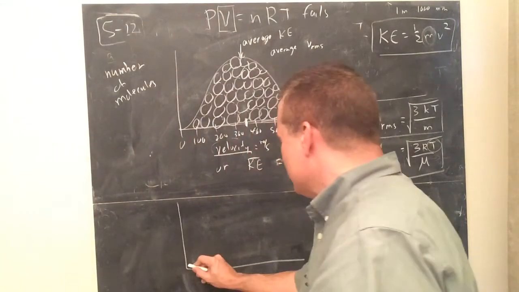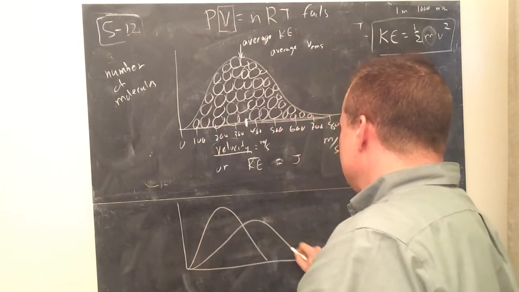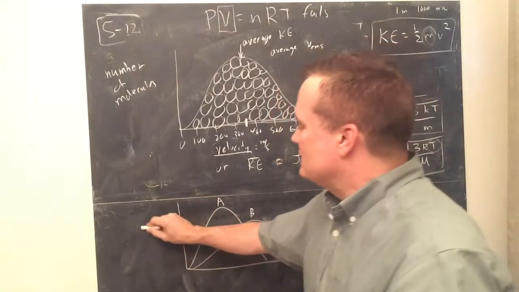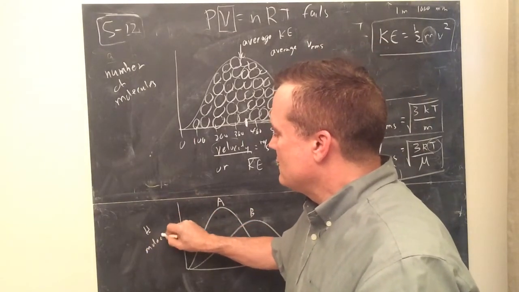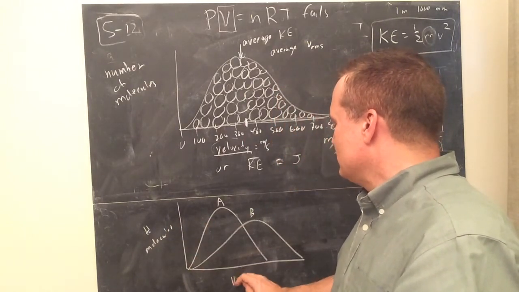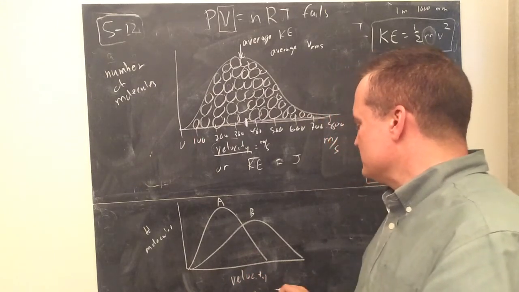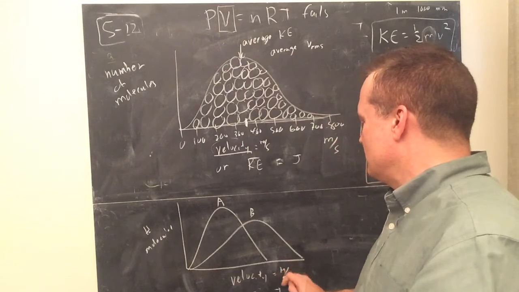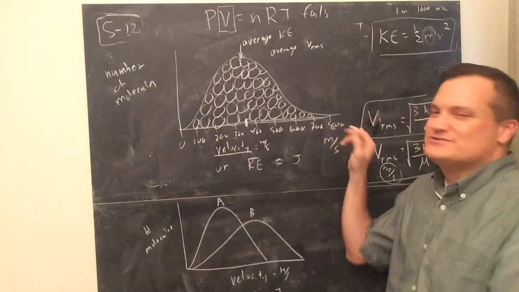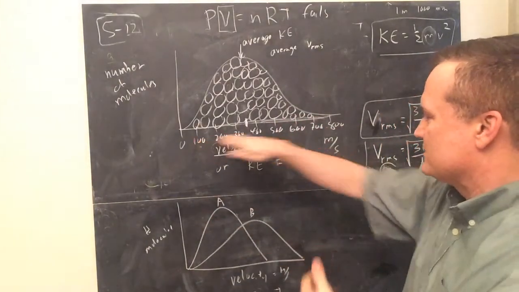Here is state A and state B, with the number of molecules on one axis and velocity here, or you can put kinetic energy, in joules or meters per second. The numbers would not be the same, but you'll see them increasing.